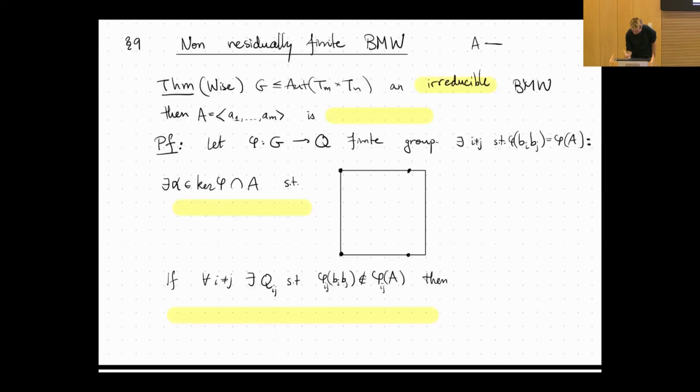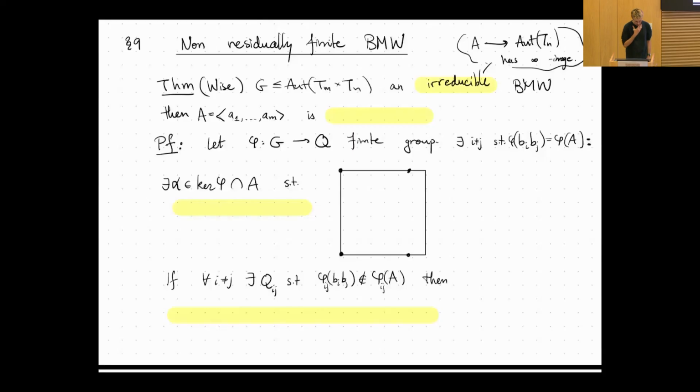So a projection of A out of Tn has infinite image. Okay, so this is irreducibility for us.